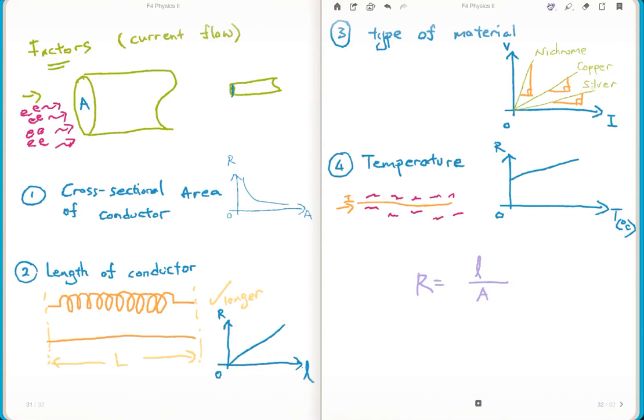Then another factor called resistivity depends on the characteristic of the material, like 3 and 4. Resistivity is a quite unique value for a material. By looking at the resistivity, you can tell what kind of material it is. For a single element, the resistivity would be like a DNA.